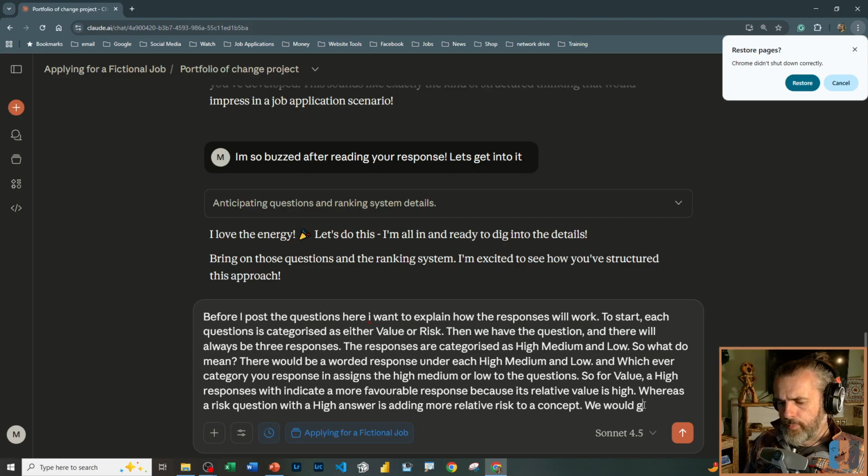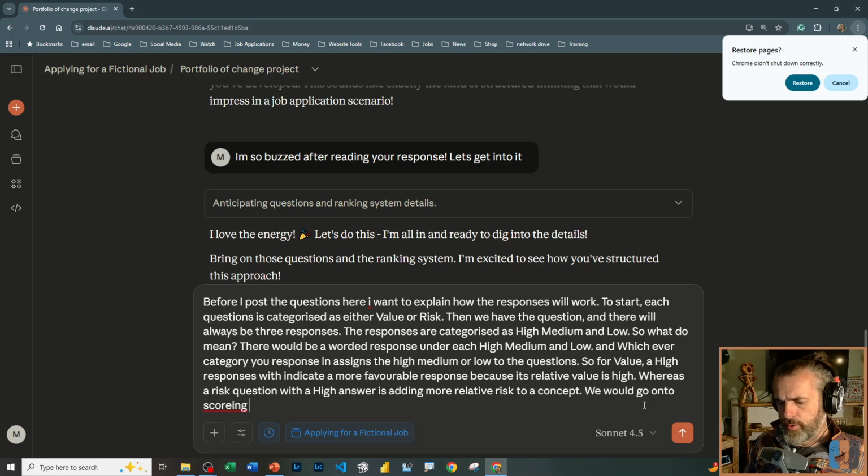We would go on to scoring each response with a number value that is weighted.